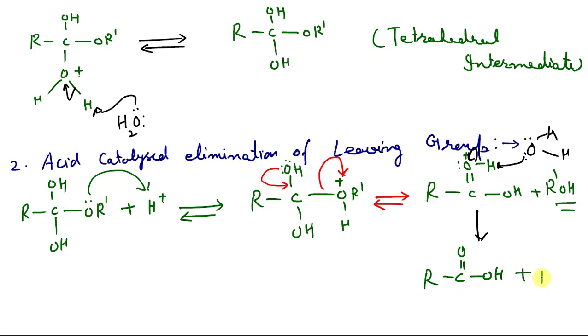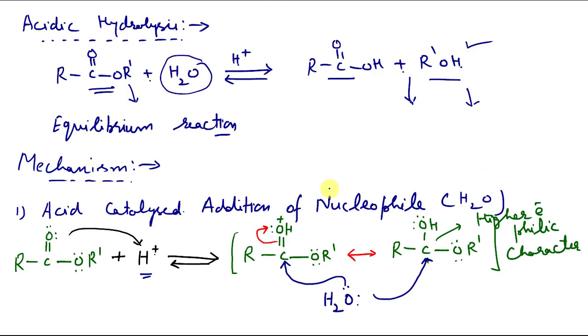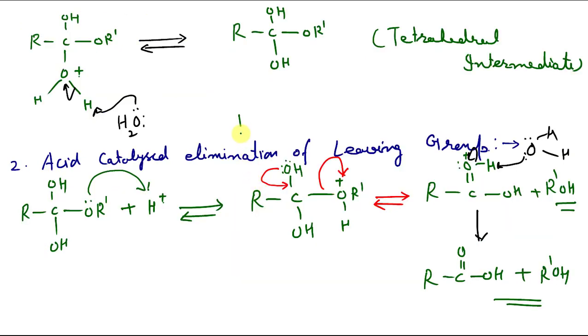So these are the products that are formed. This is the overall mechanism of the acid catalyzed hydrolysis of ester, and it is composed of two steps. First is acid catalyzed addition of nucleophile, and second is acid catalyzed elimination of leaving group. Both these steps are catalyzed by acids.